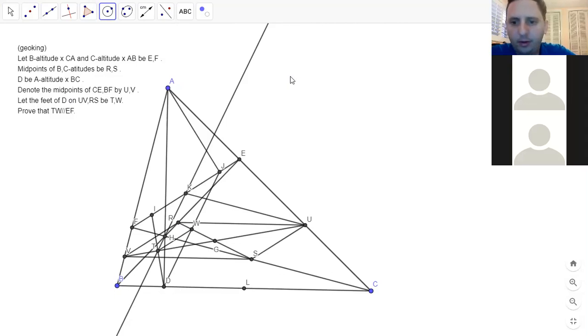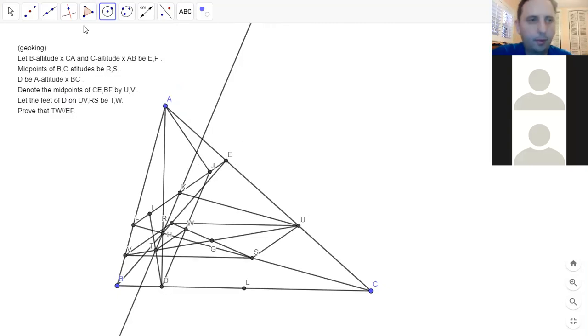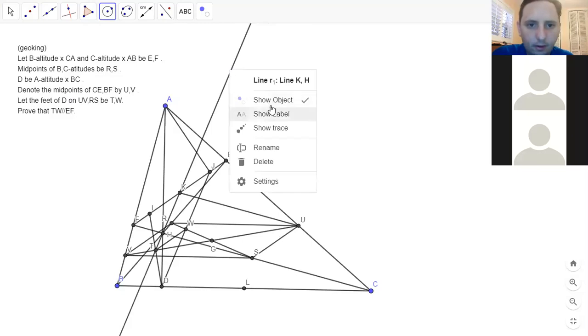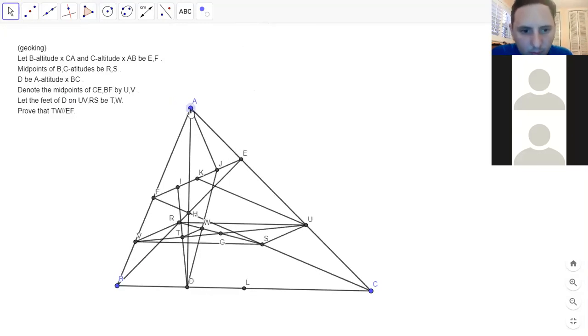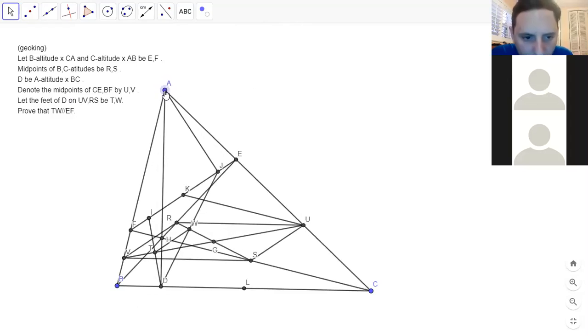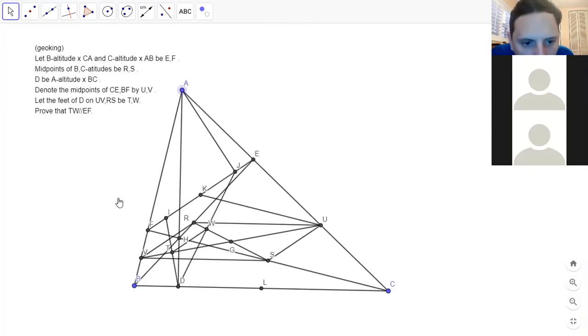That's a good point. I can prove that W is the midpoint of DJ. First we have something so that the configuration is easier to solve.